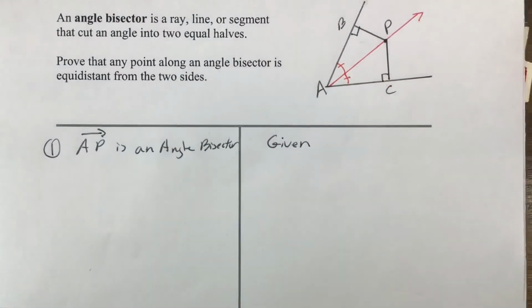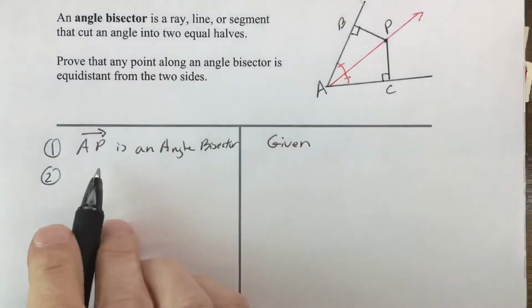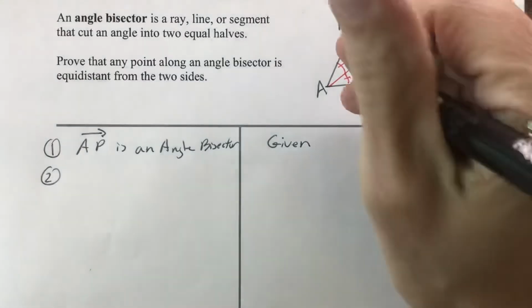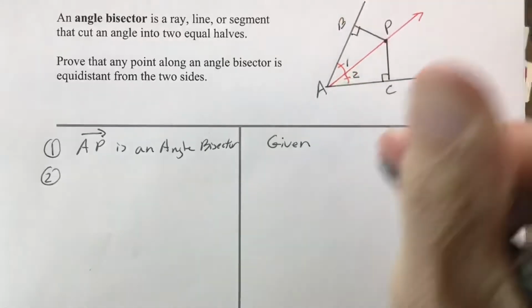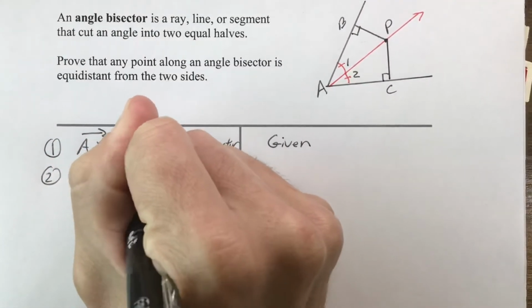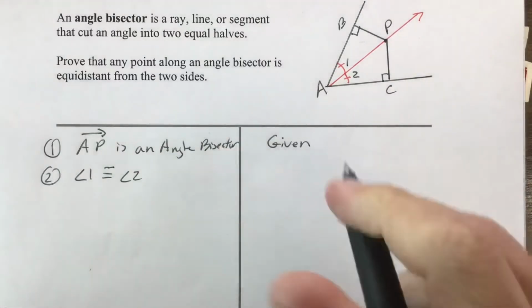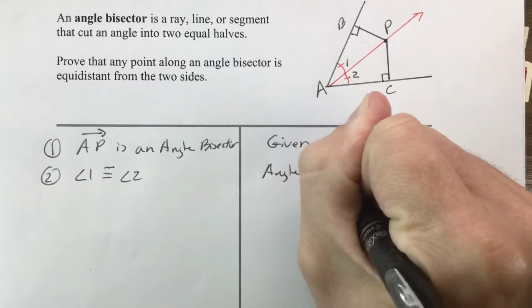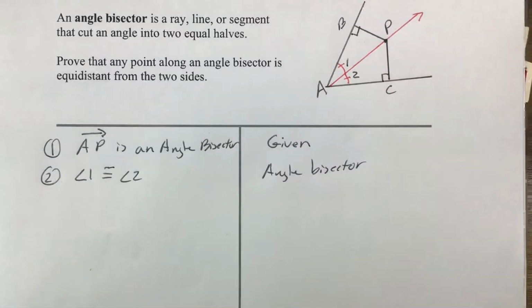That's pretty much the whole set of the problem that you do have in an angle bisector. Step two, if this is an angle bisector, it creates two congruent angles, which for simplicity, I'll call 1 and 2. Angle 1 is congruent to angle 2 because you have an angle bisector.